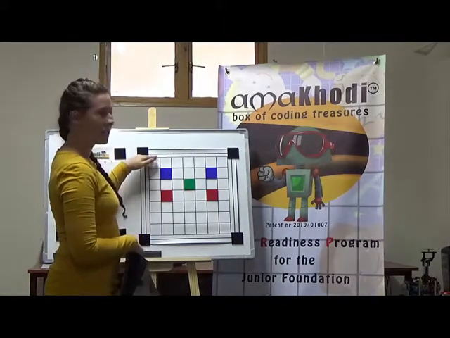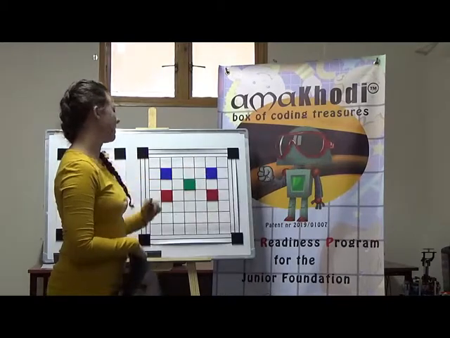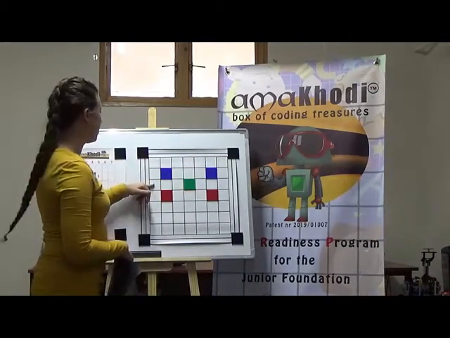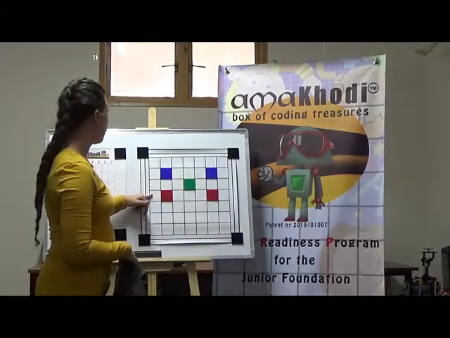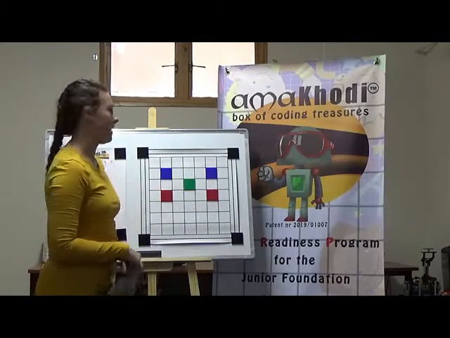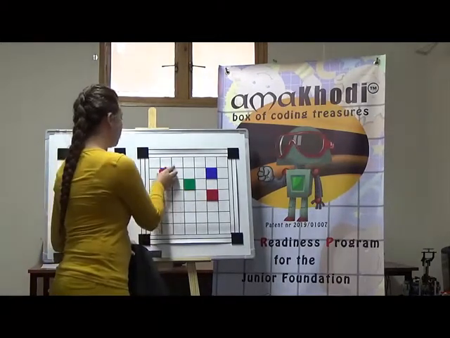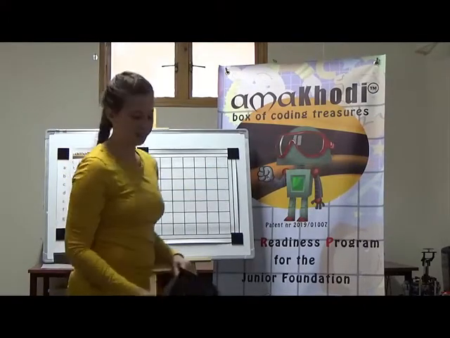First line empty. Second line, you see there's 2 blue blocks. In the third line, do you see 3 empty, 1 green, 3 empty? The fourth line, 1 empty, red, 3 empty, red, 1 empty. Now take it all off again and put it next to you on the table again.